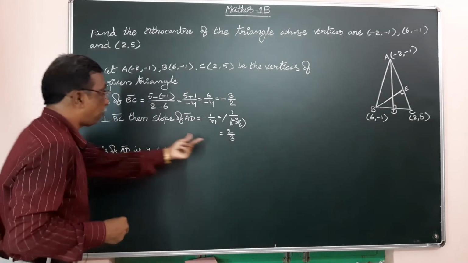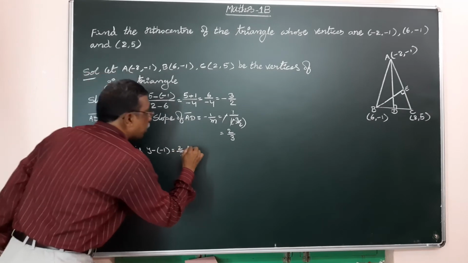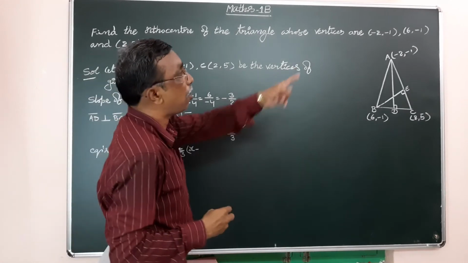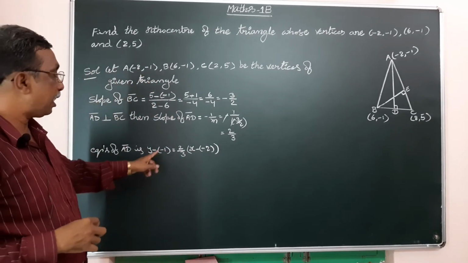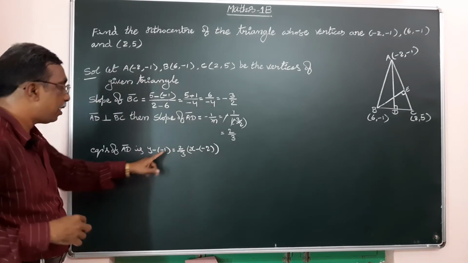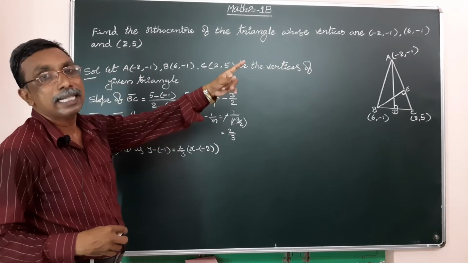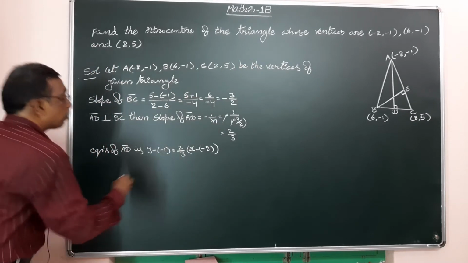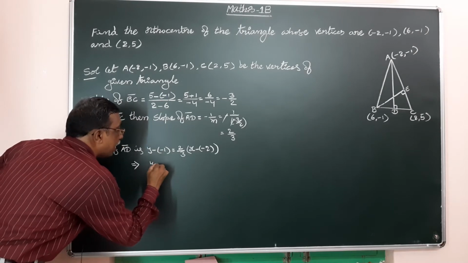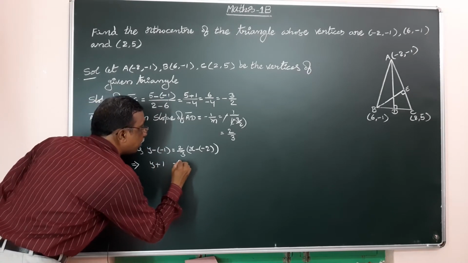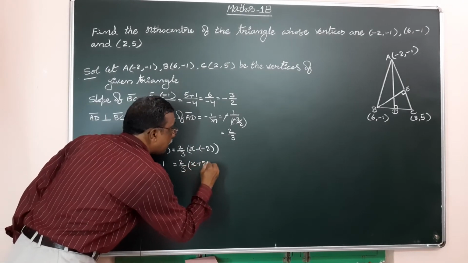What is the AD bar slope? 2 by 3. M into x minus x1, x1 is minus 2. So y minus (minus 1), that is y plus 1, equals 2 by 3 into x minus (minus 2), that is x plus 2.